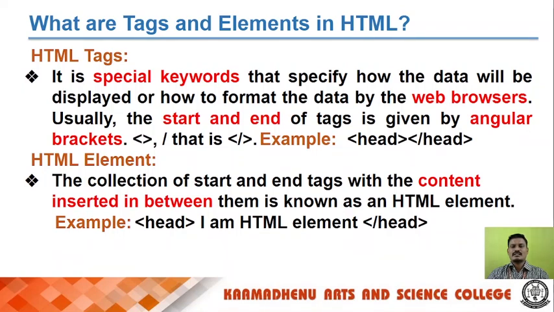For example, there is a head element inside the angle brackets, and the ending tag has a forward slash with head. Next, what is an element? An element is a collection of start and ending tags with the content inserted between them, known as an HTML element. In this example, head is an element with the help of starting and ending tags.